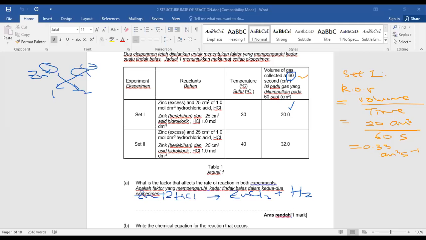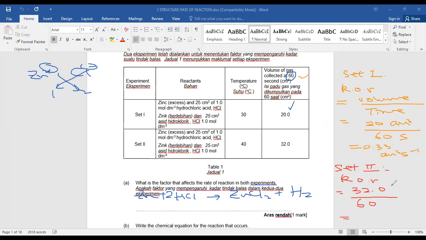Okay, now we are moving on to set 2. So you write again one more time, set 2. Okay, the rate of reaction, again, volume divided by time. This time the volume now is 32.0. Okay, time taken 60 seconds.